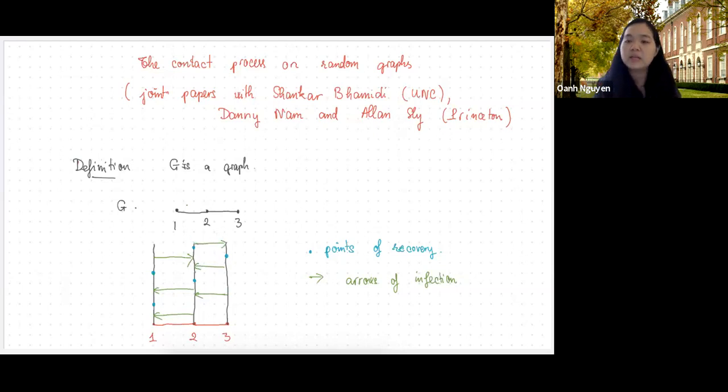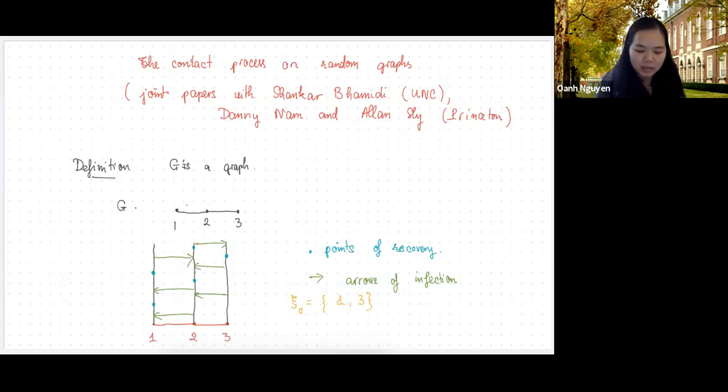Okay, so these in green are arrows of infection. And here is our contact process given this graphical representation. Let's say we start off with C0, the set of infected vertices. Let's say at the beginning 1 and 3 are infected.